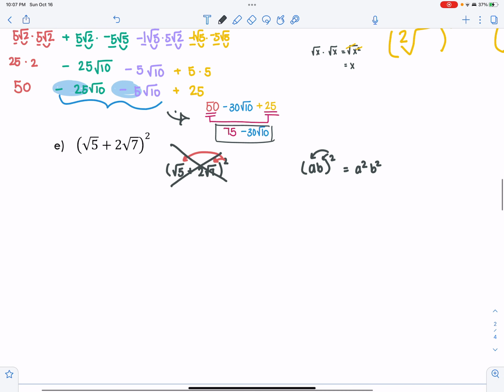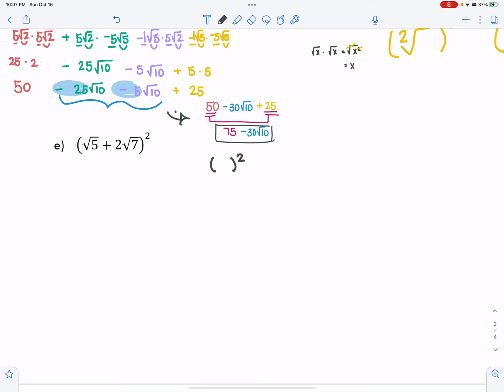What we have to do, if we have a binomial squared, is rewrite it as the binomial times itself, then FOIL. You cannot distribute the square. Every time you will miss 2 of the 4 parts of FOIL.